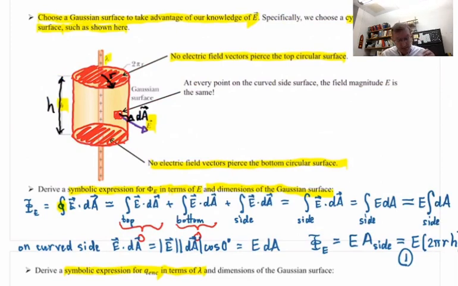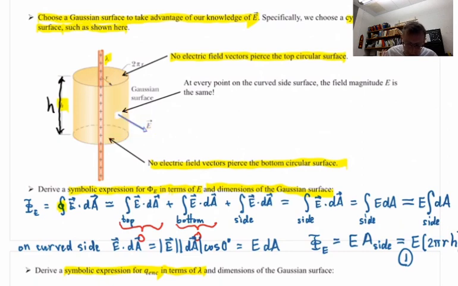We've surrounded it with a cylindrical Gaussian surface of radius r and height h. How much charge is inside that Gaussian cylinder? That's the key question. Let me declutter my picture a little bit. Okay. Do you see, first of all, you got to be able to visualize where the charge is that is inside the Gaussian surface. I'll try to draw it.